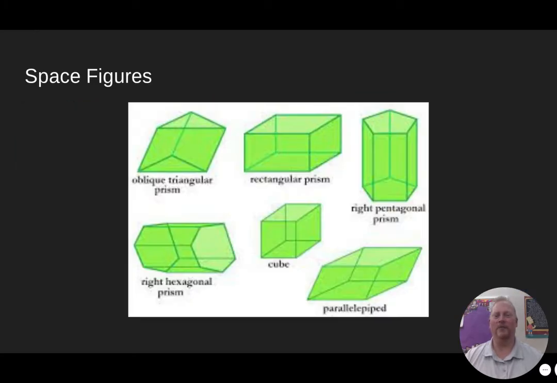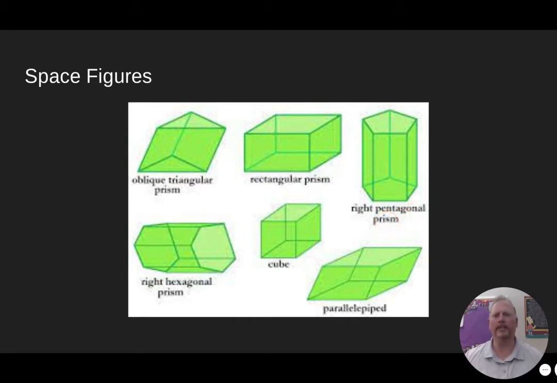So when I talk about space figures, I'm actually talking about three-dimensional figures that take up space, all right? So it's not talking about outer space, but rather instead of a flat surface, it's something that takes up space. So here we have an oblique triangular prism, a rectangular prism, a right pentagonal prism.